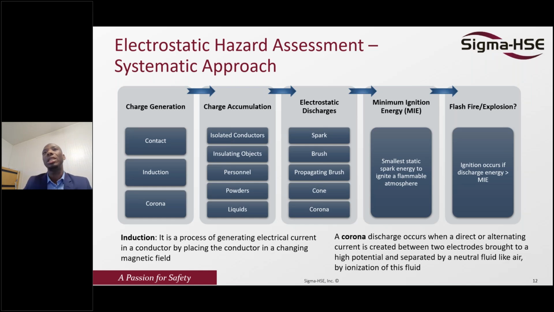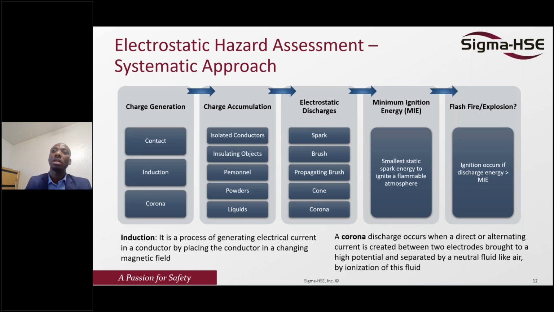So after knowing this charge generation, how do I actually accumulate it? Accumulation will happen first on an isolated conductor. If I have a metal and it's not grounded, whatever charge is accumulated will stay there. Or insulating objects such as plastic can also accumulate charges, and the charge will also stay there.